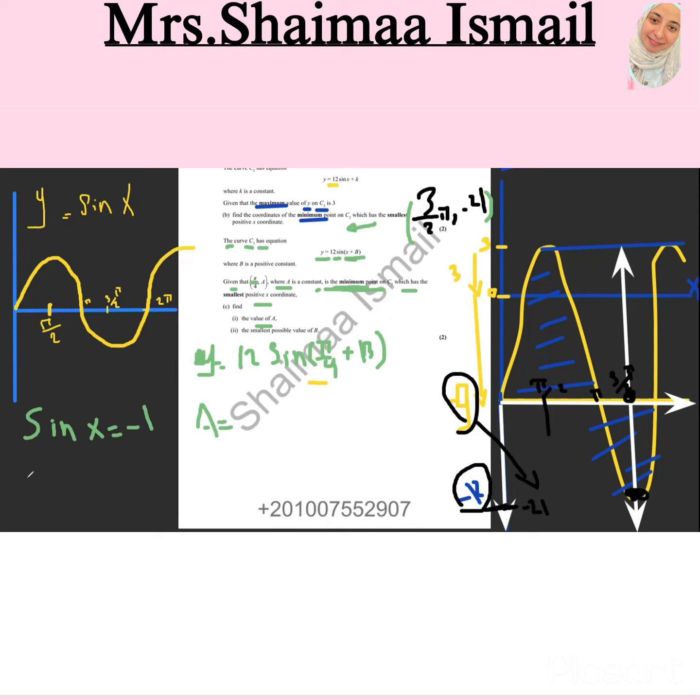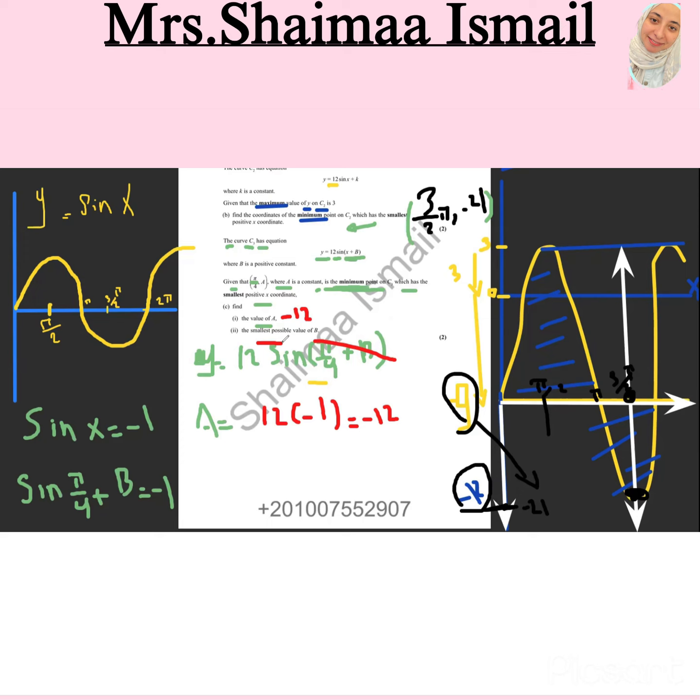So sine (pi over 4 plus b) is equal to -1, and this is a common rule for a minimum point. So here we can substitute 12 multiplied by -1, which equals -12, and we get the value of a, which will be equal to -12.